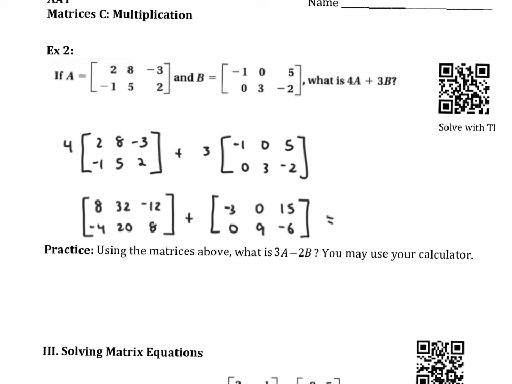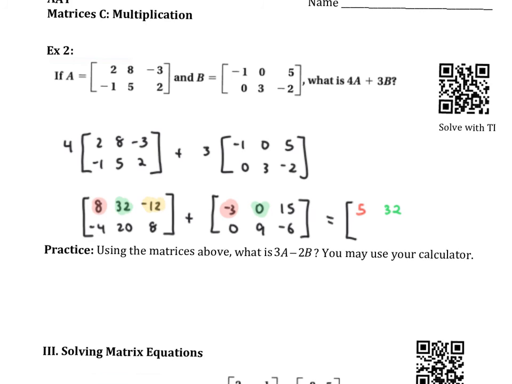And lastly, when we are combining matrices, as we did in the previous lesson, it's the corresponding elements that combine. So there we get 8 minus 3, or 8 plus a negative 3. So that is a 5 right there. And now continue. This 32 plus the 0 is going to be a 32 there.